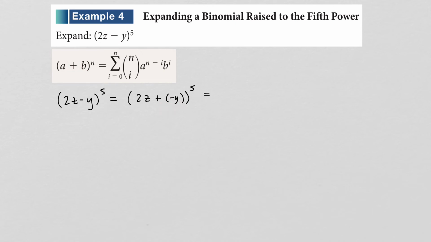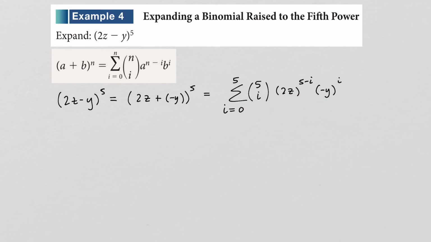Now, using the binomial theorem, this is going to be the sum i equals 0 to 5, 5 choose i, and then we will have 2z to the 5 minus i multiplied by negative y to the i. And again, one way to do this is just start plugging in i equals 0, i equals 1, etc.